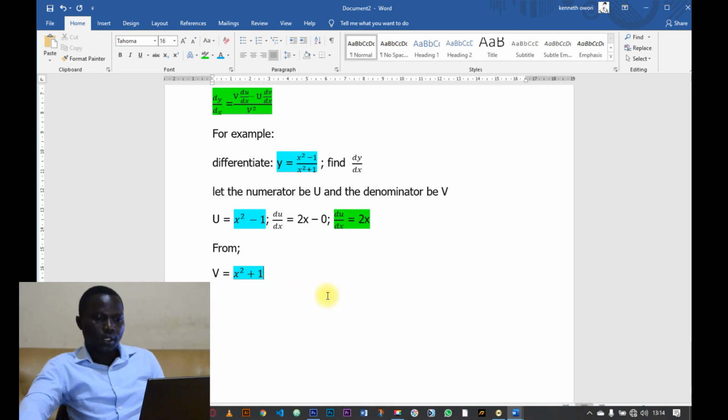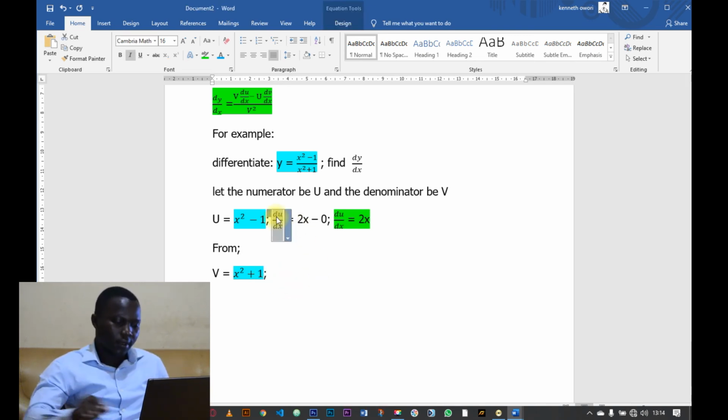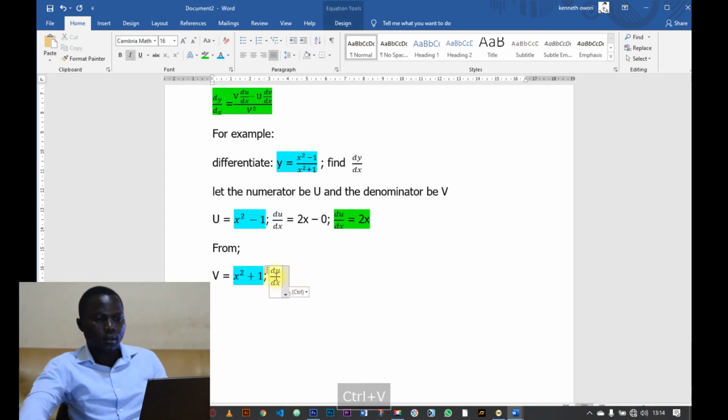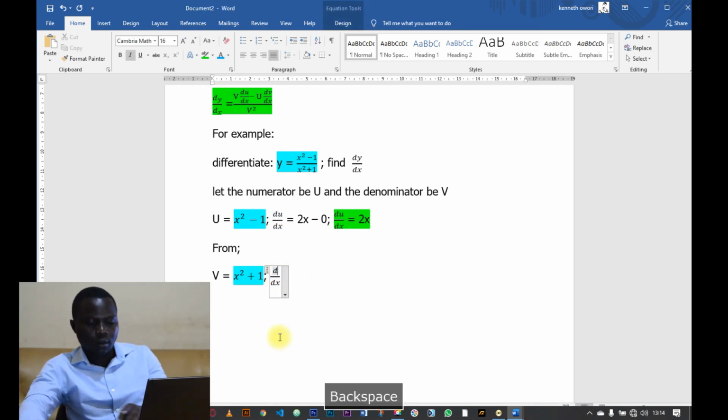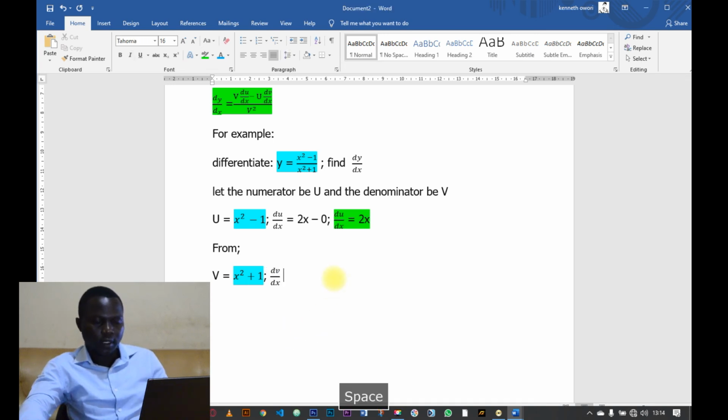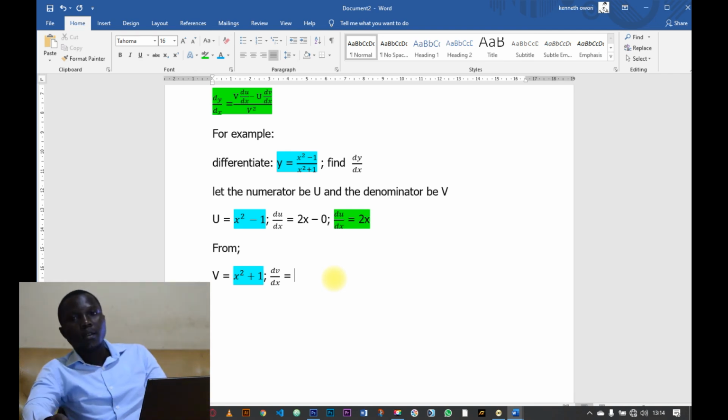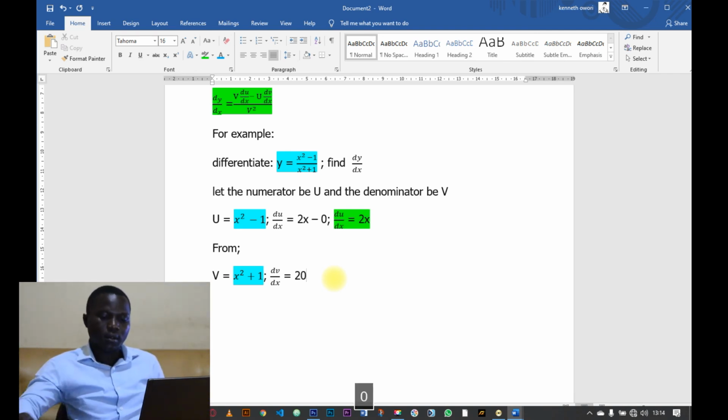Then from v equals x squared plus 1, we can also differentiate it to find dv/dx. So our dv/dx would be obtained by differentiating that expression x squared plus 1. If we differentiate x squared, we get 2x.